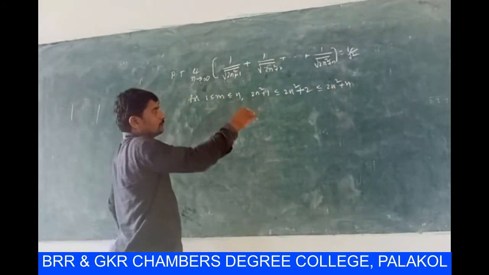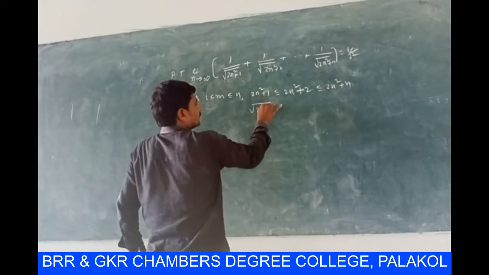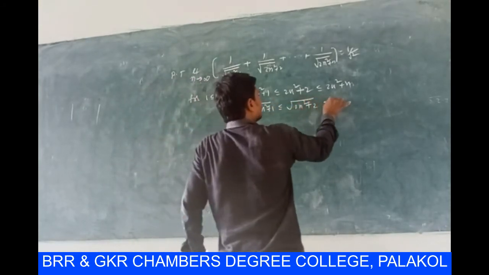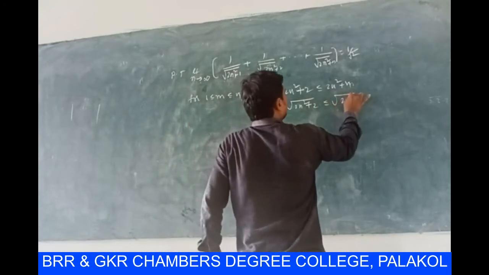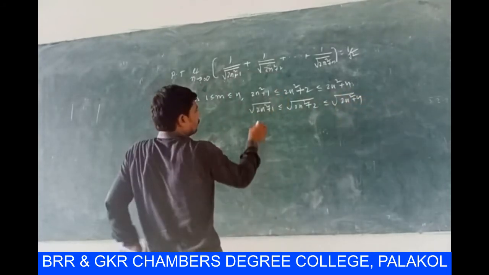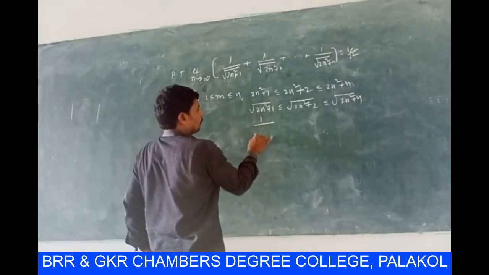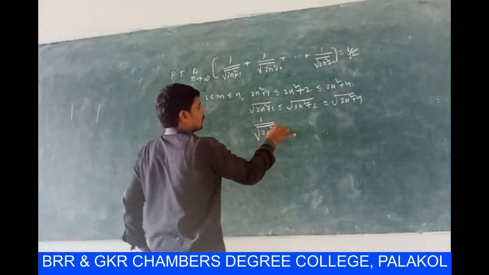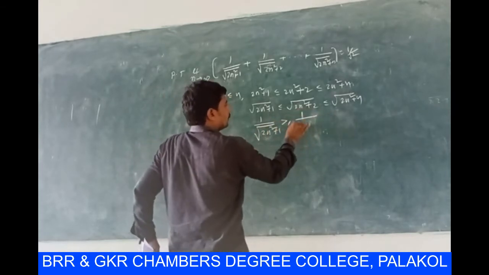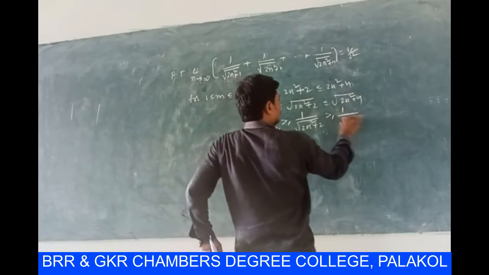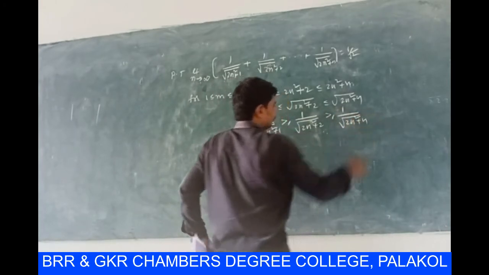By applying root, root of 2n square plus 1 less than or equal to root of 2n square plus 2 less than or equal to root of 2n square plus n. By taking the reciprocal, 1 by root of 2n square plus 1 greater than or equal to 1 by root of 2n square plus 2 greater than or equal to 1 by root of 2n square plus n.